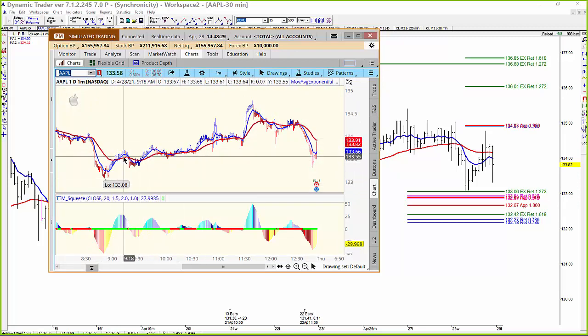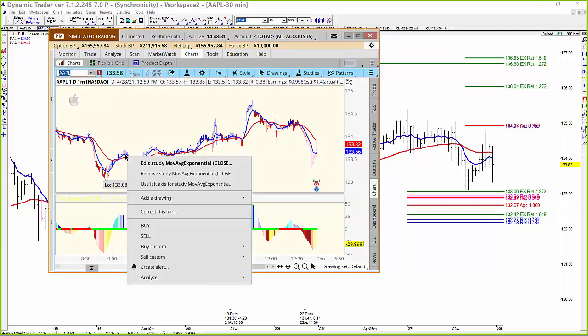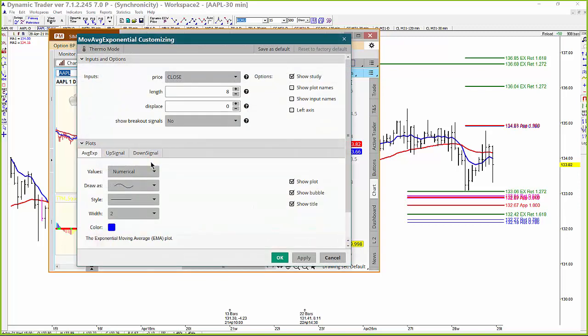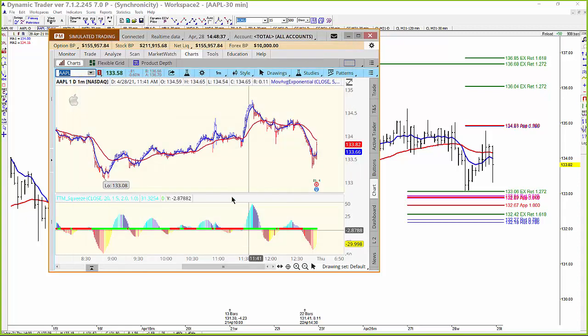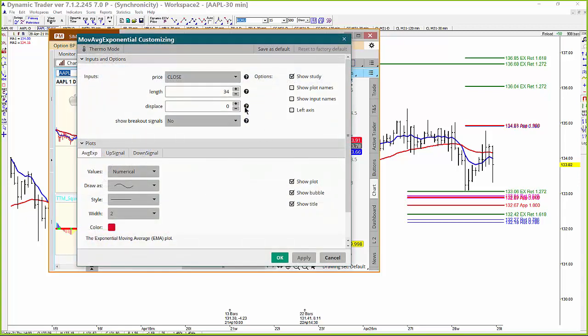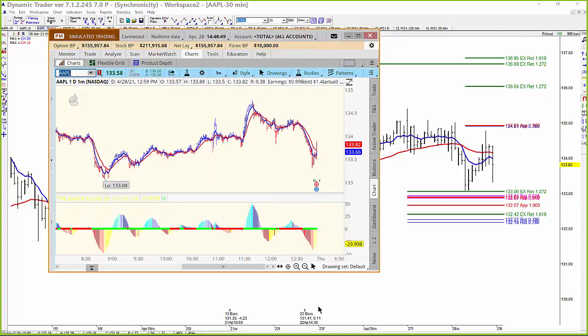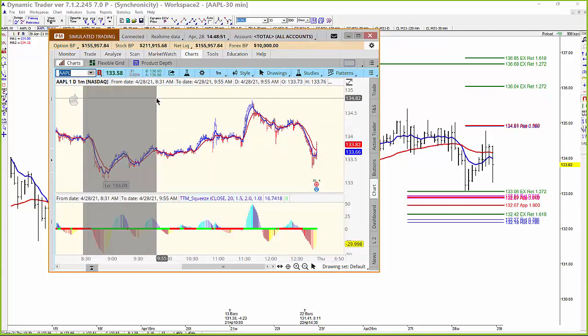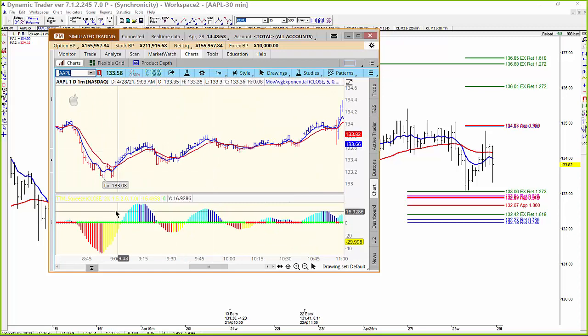So in this case, I would say instead of the 834, I would use the 513. So 5, and then this one will be the 13. Here's where it would have first triggered if you use the 513.